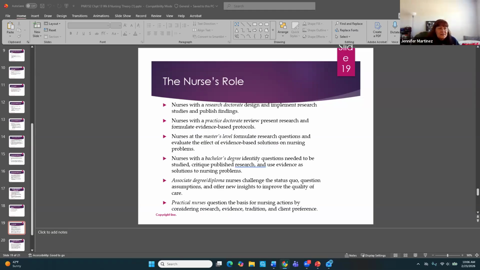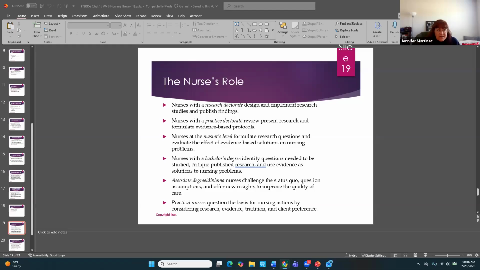So when we look at the nurse's role, the NLN, or the National League for Nursing, they're the ones that establish the competencies of nursing graduates at all levels. Nurses with a research doctorate, so that's your PhDs, design and implement research studies and publish their findings.